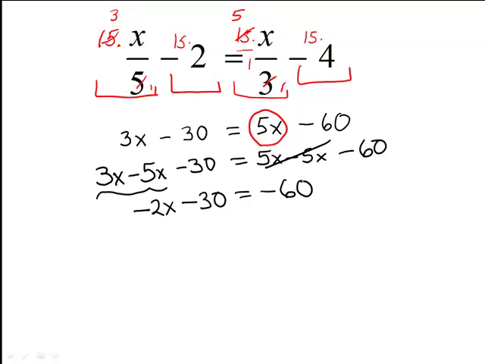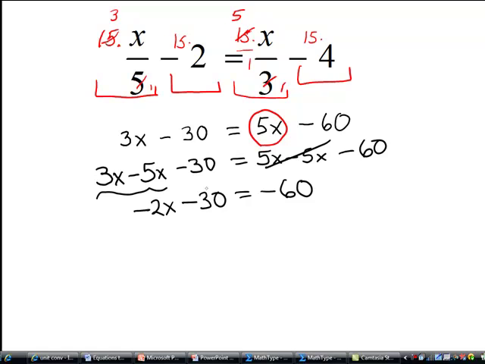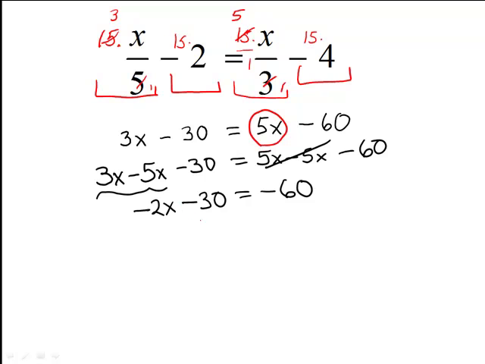Now we have a standard two-step equation. Work on the side with the x and take off anything added or subtracted. So we're going to take off the negative 30. So we will add 30 on both sides to make this one cancel.